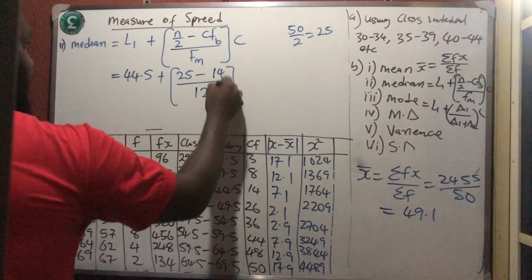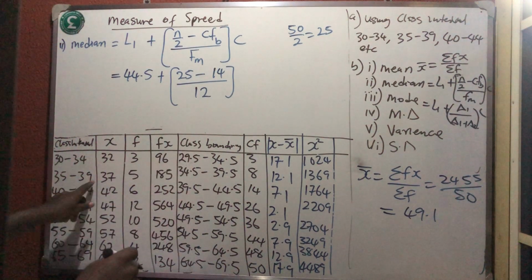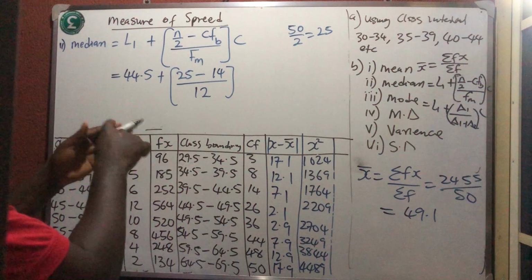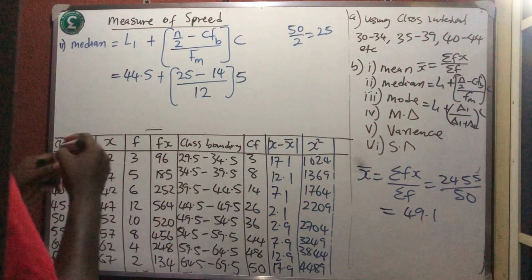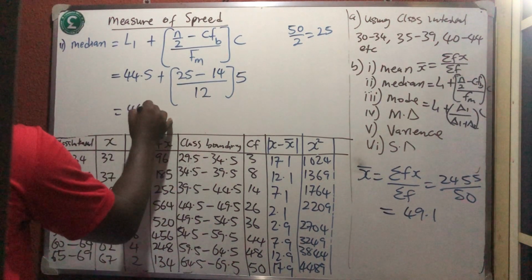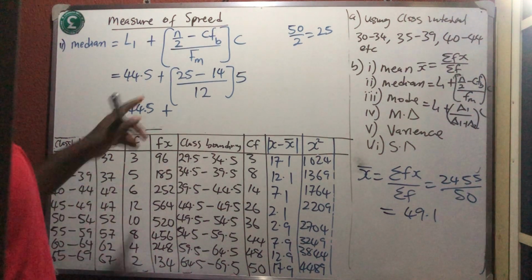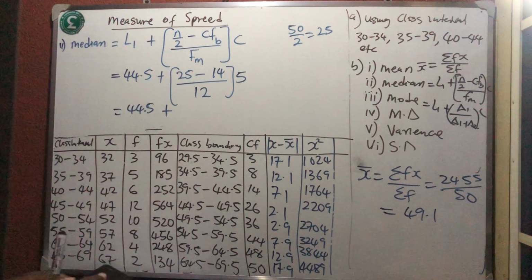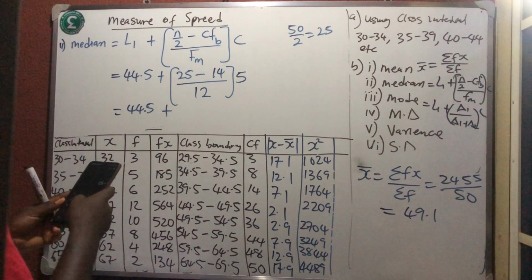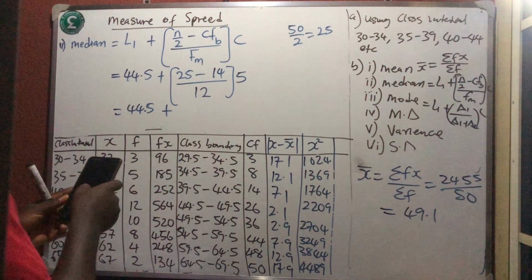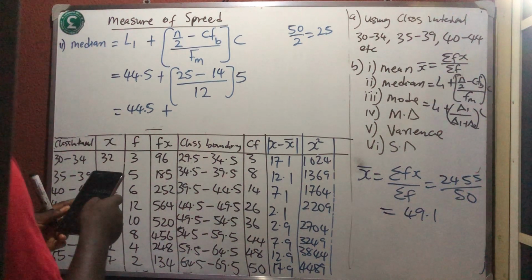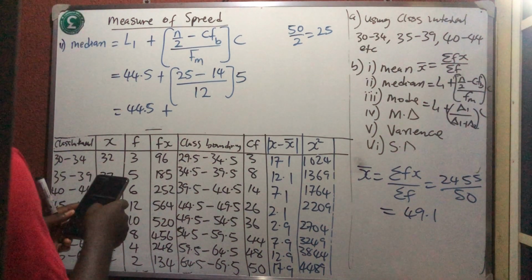Then I told you how to get C. C is from any class you like. 35 to 39 is how many? 35, 36, 37, 38, 39. So I'm having 5. So do the math here: 44.5 plus 25 minus 14, then divided by 12, then times 5.